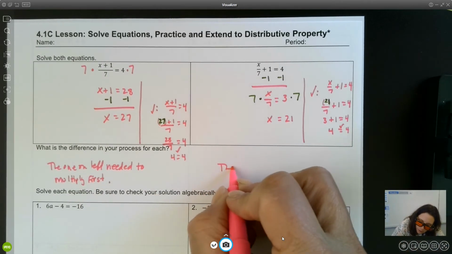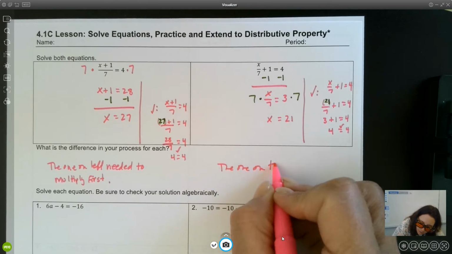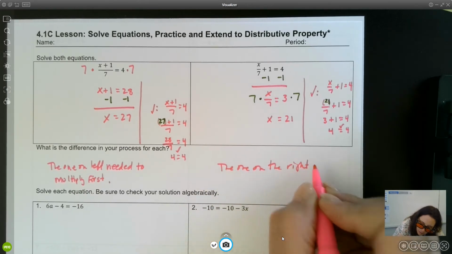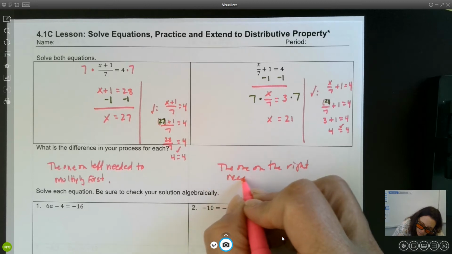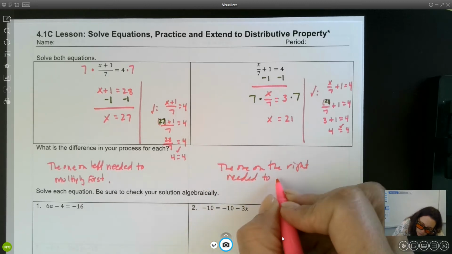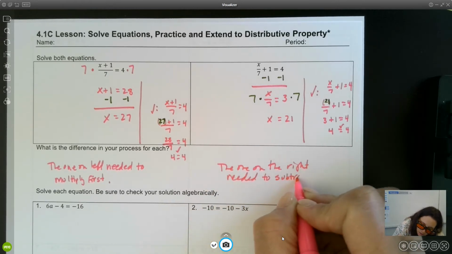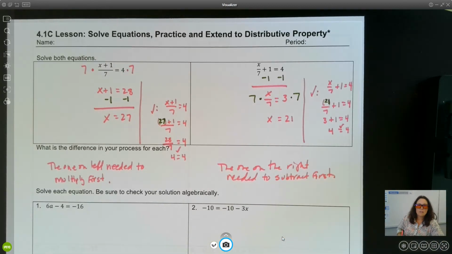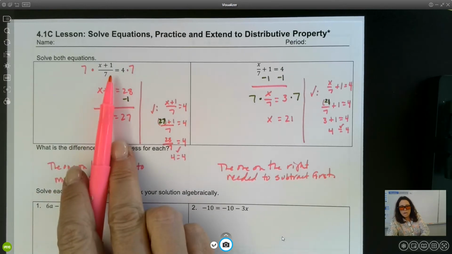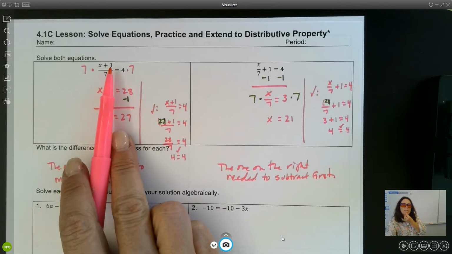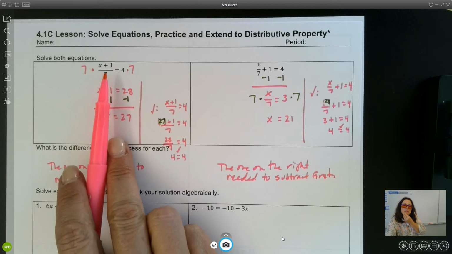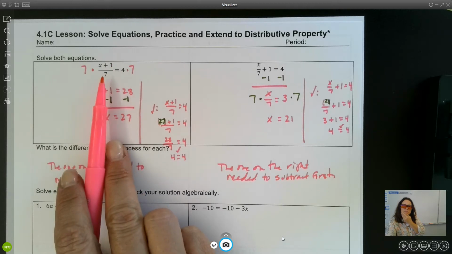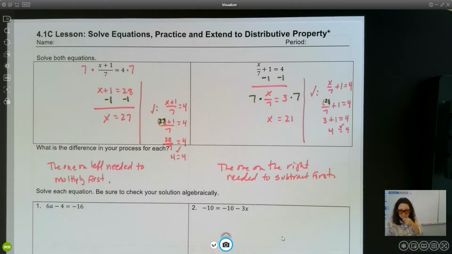The one on the right needed to subtract first. You couldn't subtract here because that's not a 1, that's a 1/7, isn't it? It's a 1/7 here. Okay, all right.